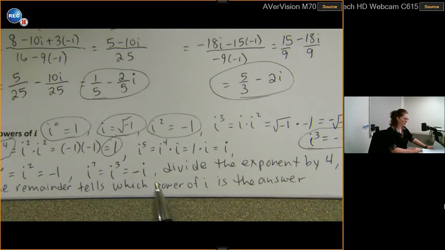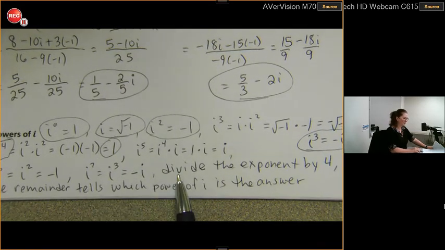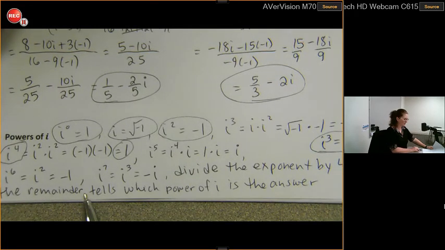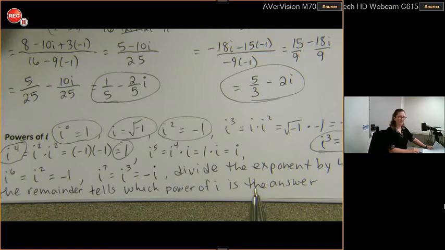So what you would do if you have some larger exponent is you divide the exponent by 4. The remainder tells which power of i is the answer.